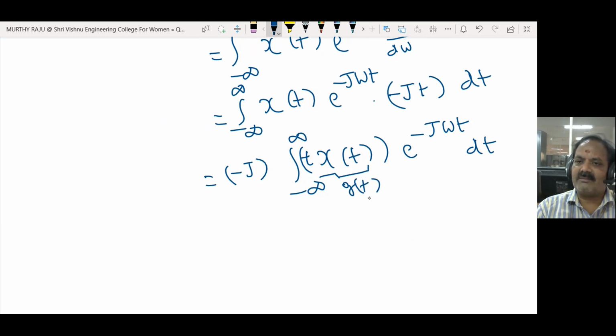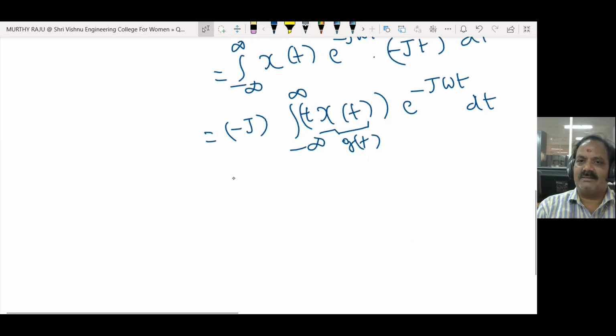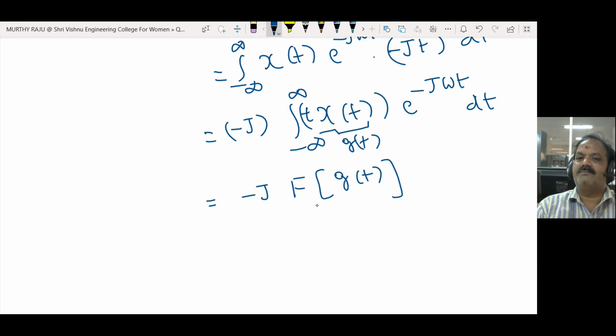The integral from minus infinity to plus infinity of g of t e power minus j omega t dt is the Fourier transform of g of t. So we get minus j times the Fourier transform of g of t. The Fourier transform of g of t is the integral from minus infinity to plus infinity of g of t e power minus j omega t dt.